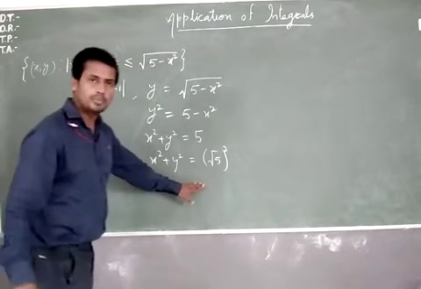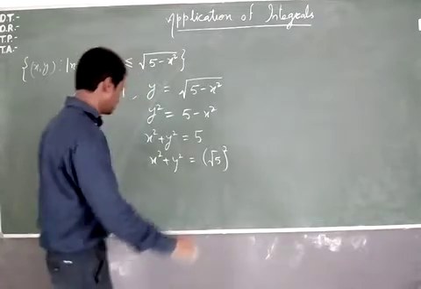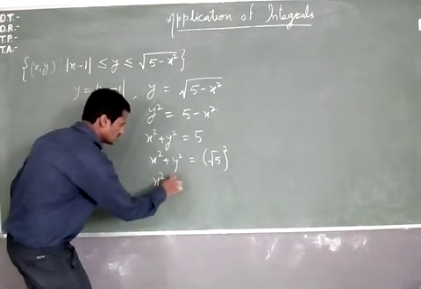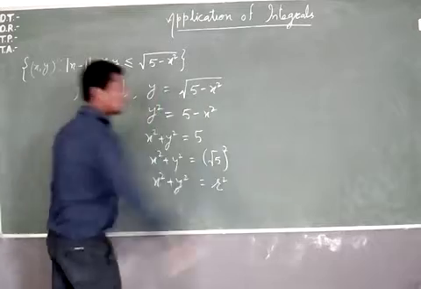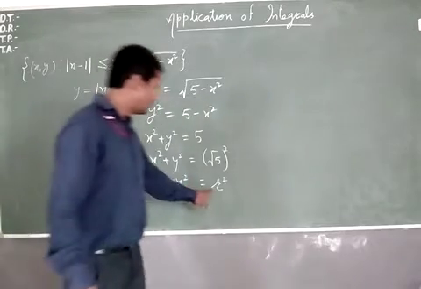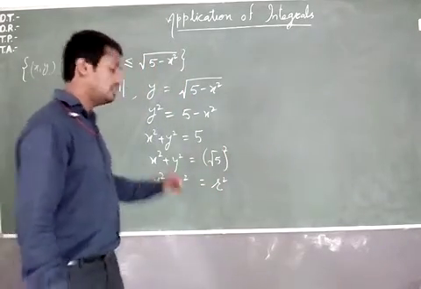If I compare with the standard equation of a circle, x² + y² equal to r², then we have radius r equal to √5.